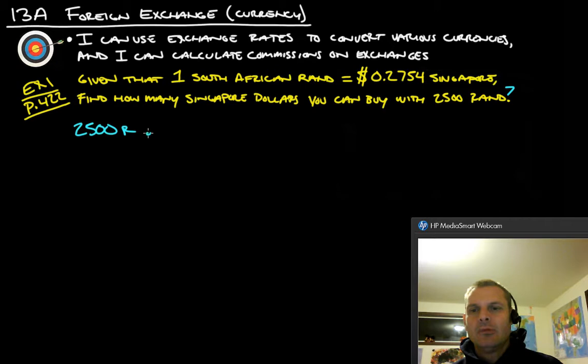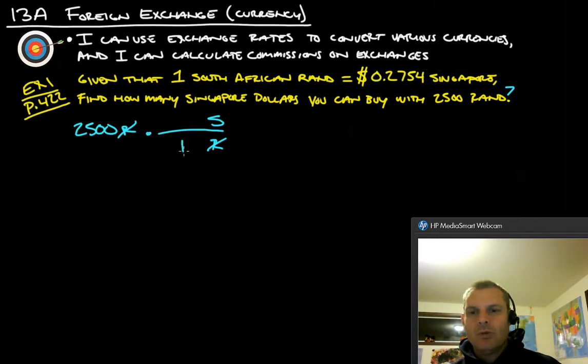So what we can do is use a little science trick, the little stoichiometry thing here. We want to get rid of the Rand and turn it into Singapore dollars. So I want to put Rand down here so that these R's simplify out, and I'll end up with Singapore dollars up here.